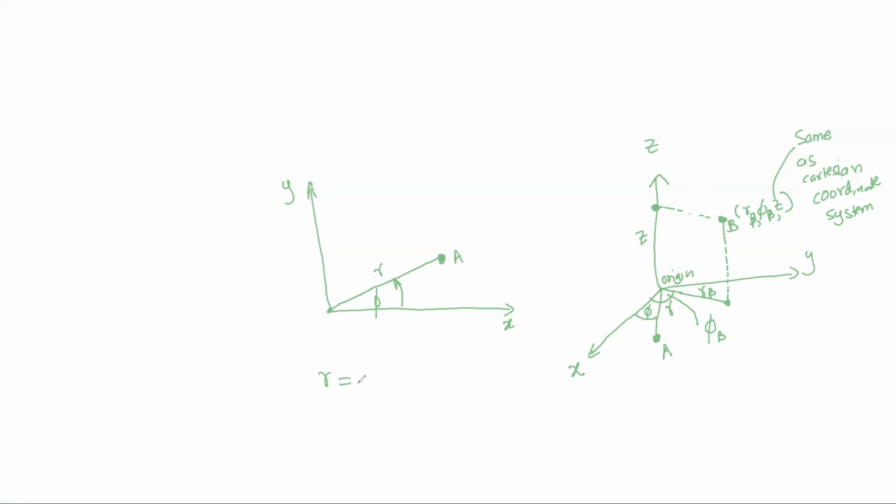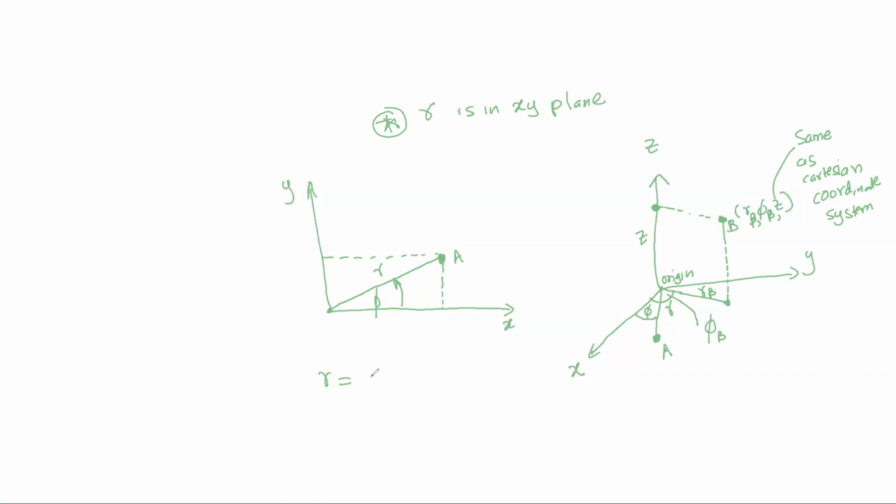So r value we can write as, since r is only related to the xy plane, right? So that also you need to remember: r is in the xy plane. It is not in the z direction. r is always defined in the cylindrical coordinate system to be in the xy plane only.